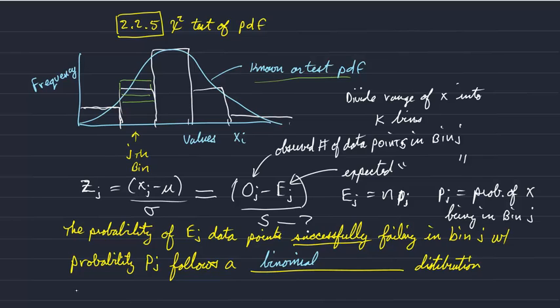The other thing to remember is if n times p_j is greater than 5 or so, then the binomial distribution is approximately normal.